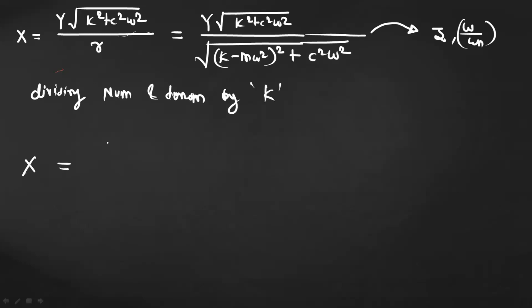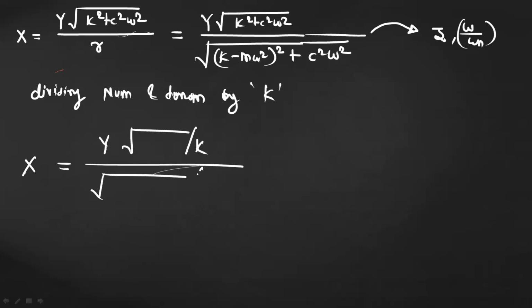So x is equal to, this is Y. So divide this by k and divide the complete square root by k. Okay. Now you can simplify this. So after simplifying, I will write the final equation.